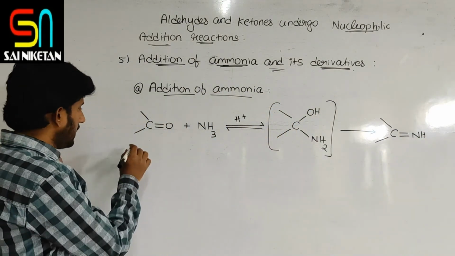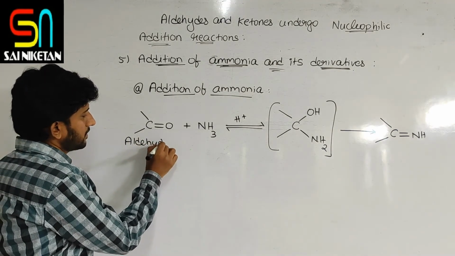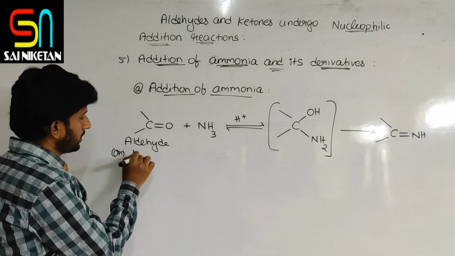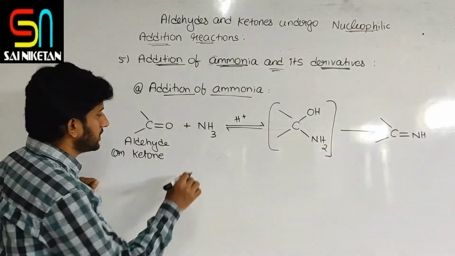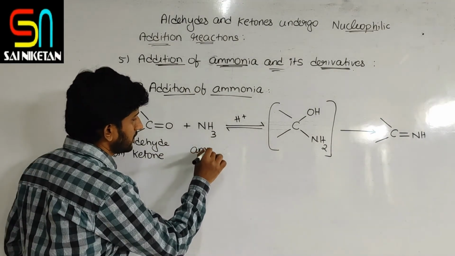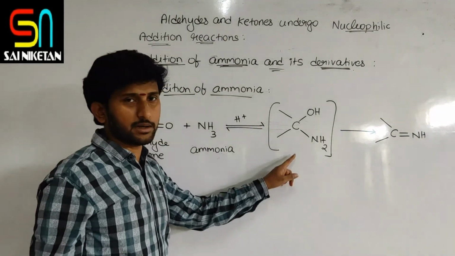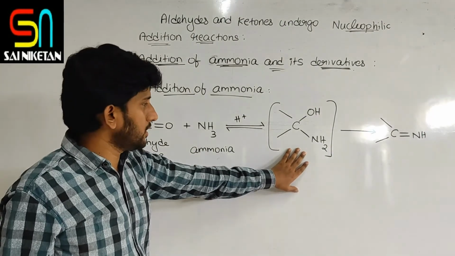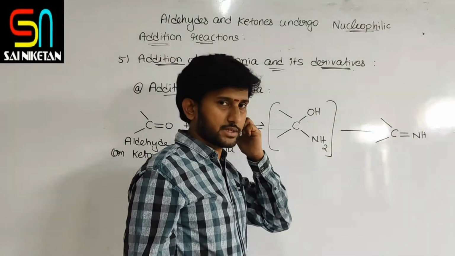So an aldehyde or ketone, if it reacts with ammonia, first addition will take place resulting in some intermediate. This intermediate compound will undergo elimination, that is removal of water takes place.